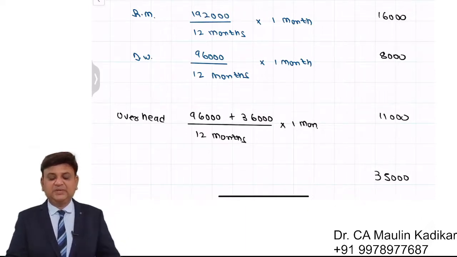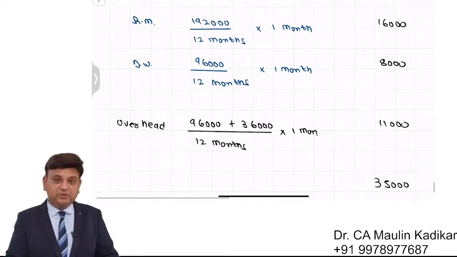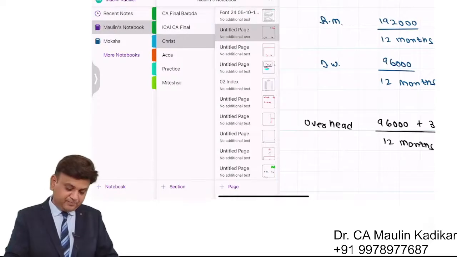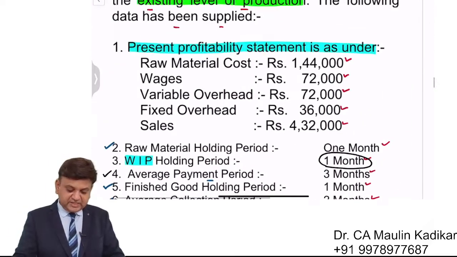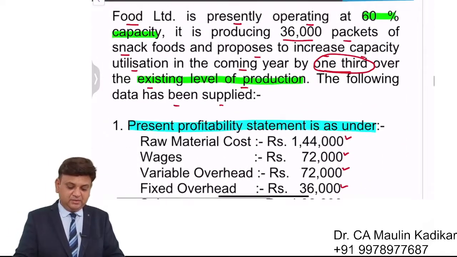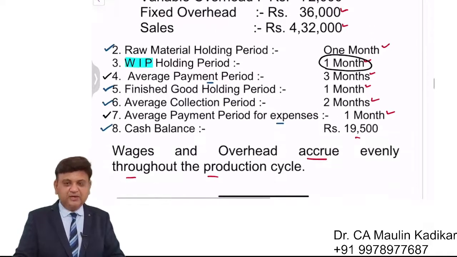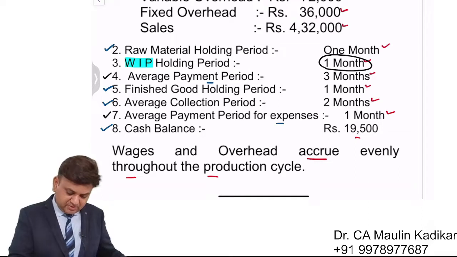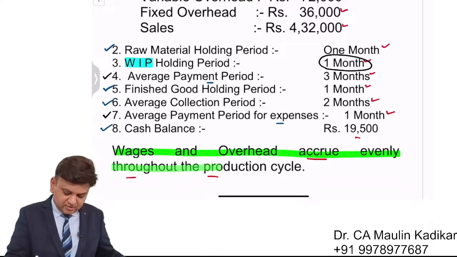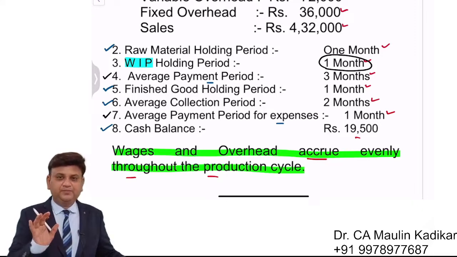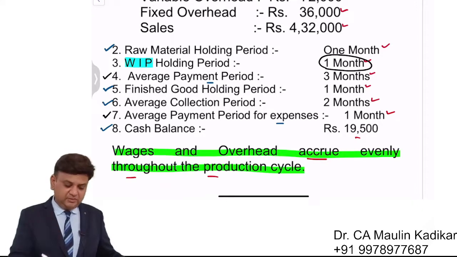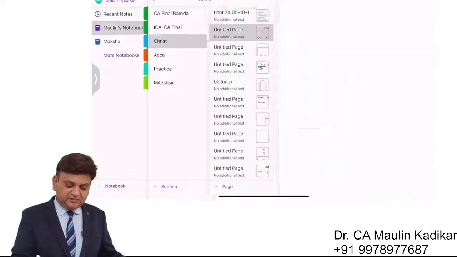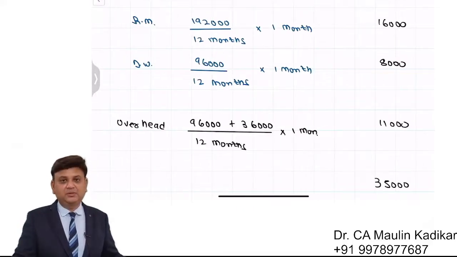So basically, the percentage of completion is supposed to be given in the question. But unfortunately, you can see that in the question it has not been given. So we can make our own assumption. Due to this information, wages and overhead accrue evenly throughout the production cycle. You have to assume that the wages and overhead are completed in equal proportion.